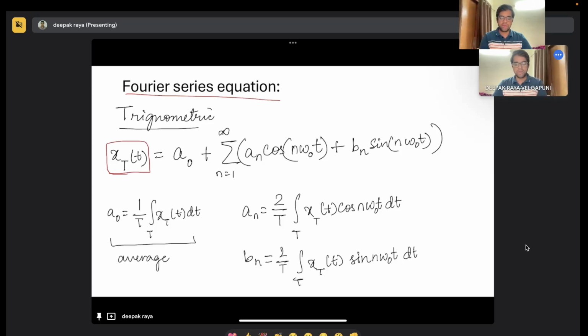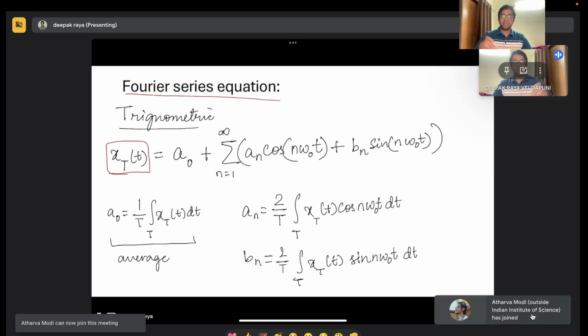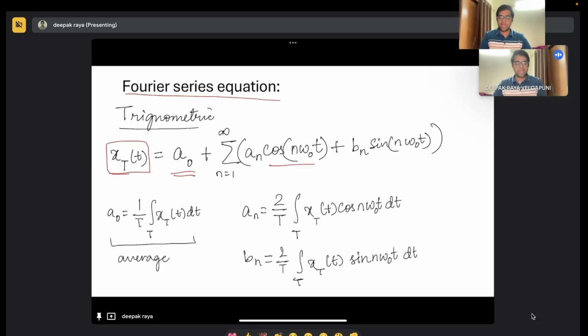Any periodic signal can be represented as a sum of sines and cosines as shown in this equation, where there is a constant term, then a cosine term, then a sine term, and summation over multiple harmonics. n is called the harmonic, n omega naught.